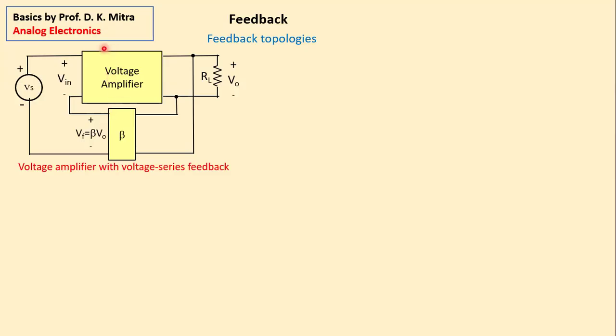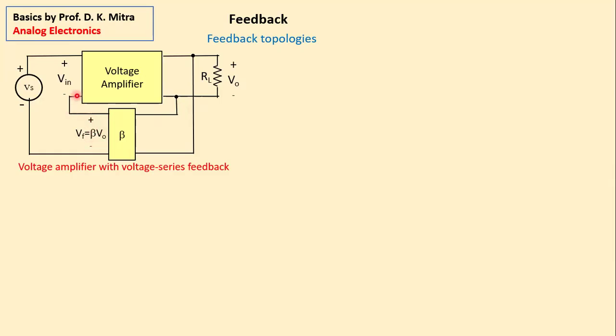Now, this is a voltage amplifier. This is the input and this is the output. Now, the tapping that has been done here is that the total output voltage has been taken here, right? This is output VO. So the voltage between these two lines is VO. There is a factor of beta. This is another circuit, and the output of this is VF or feedback voltage, beta VO, where this is the positive side, this is the negative side.